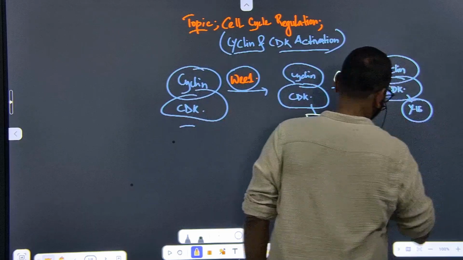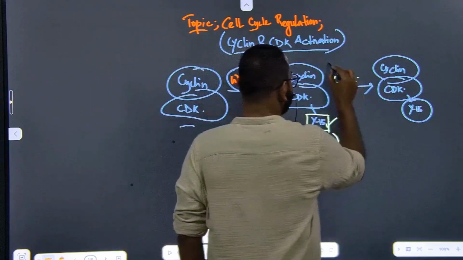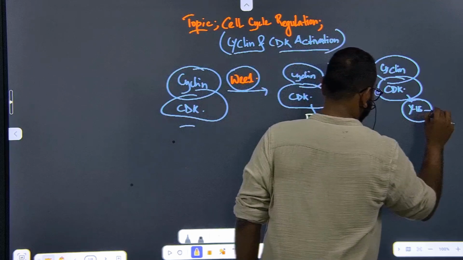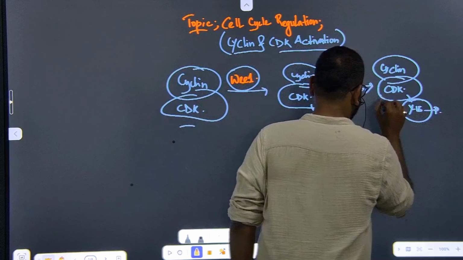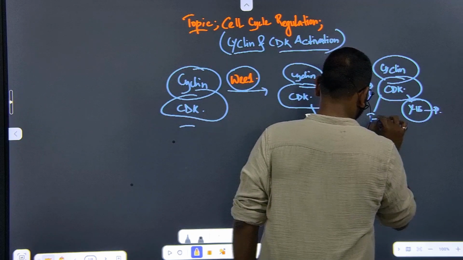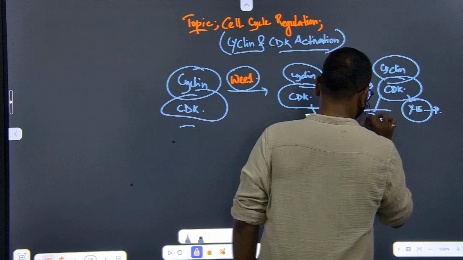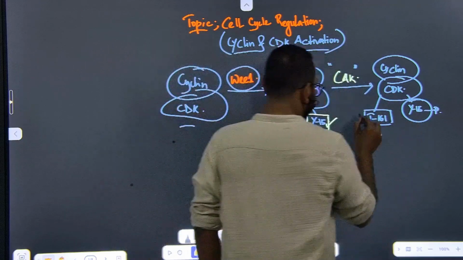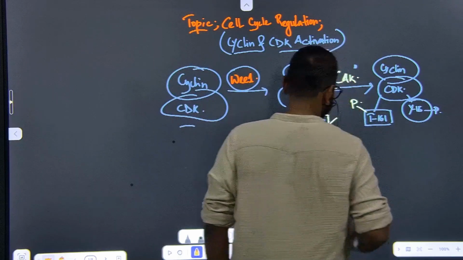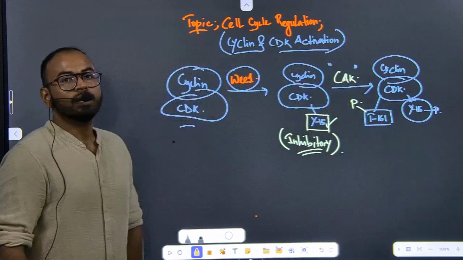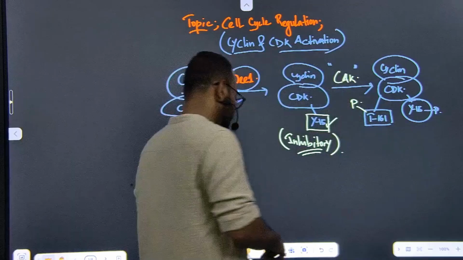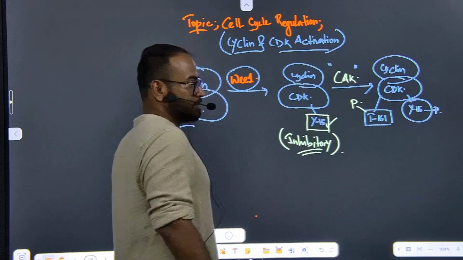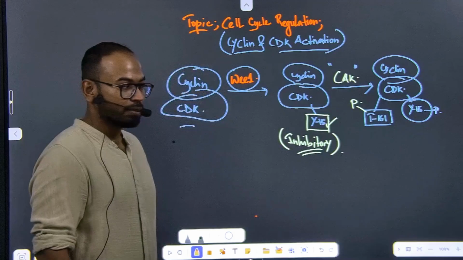Now by the activity of CAK, phosphorylation at threonine 161 takes place. Now this kind of phosphorylation is rather promoting the cell cycle.